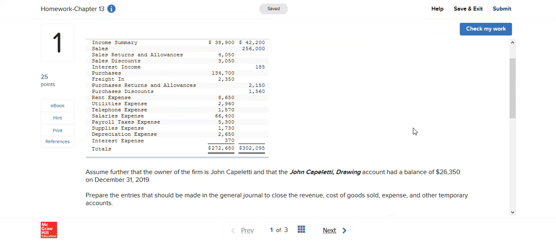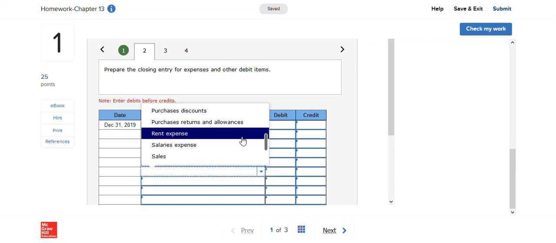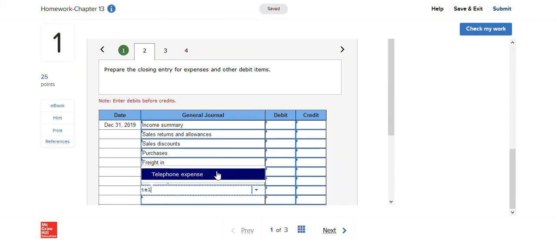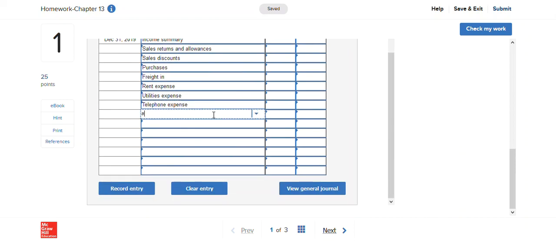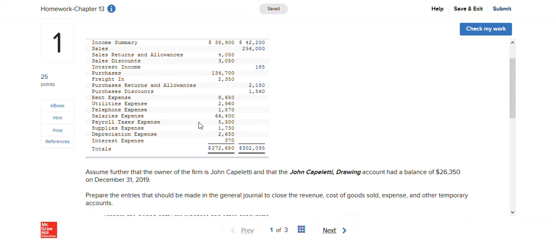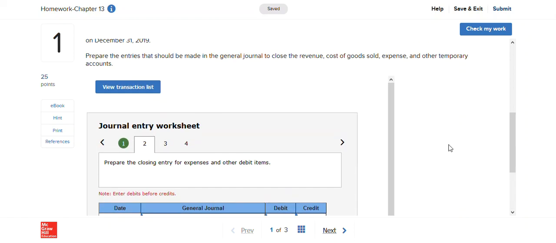Let's see, rent, utilities, telephone, salary. Payroll taxes, supplies, depreciation, and interest. And then we have to take all those amounts and bring them down.